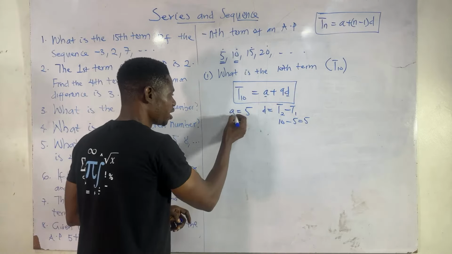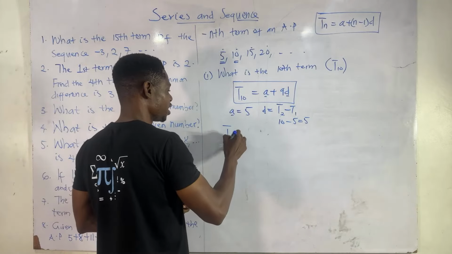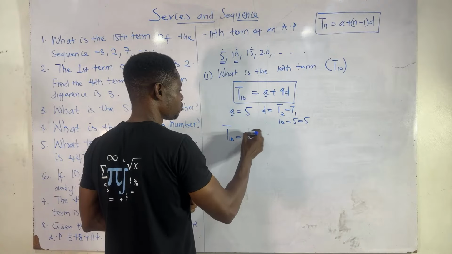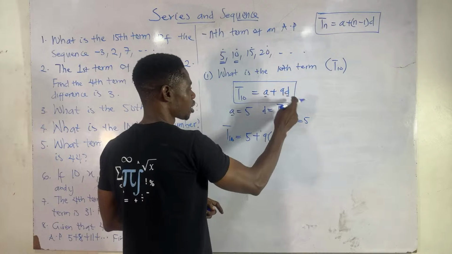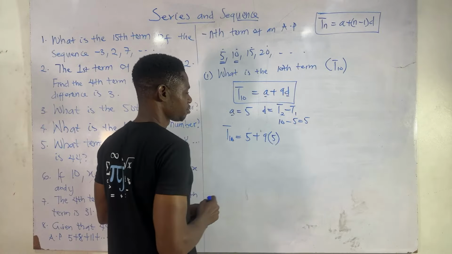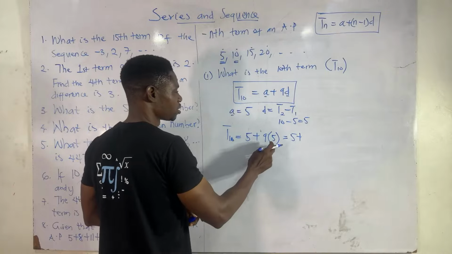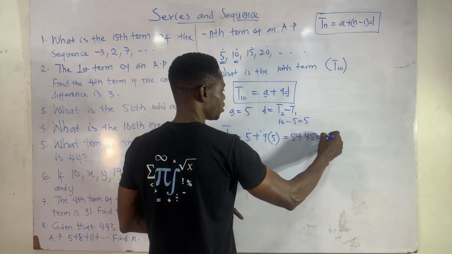So now we know A and we know D. So to find our 10th term is very easy. T10, which is A as 5 plus 9D. What's our D? 5. So this will give us 5 plus 9 times 5. That's 45, right? And final answer, 50.